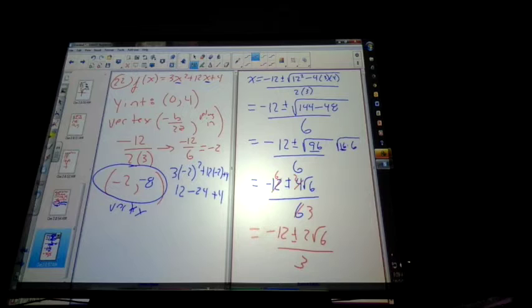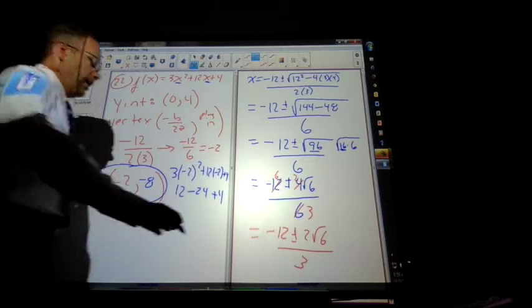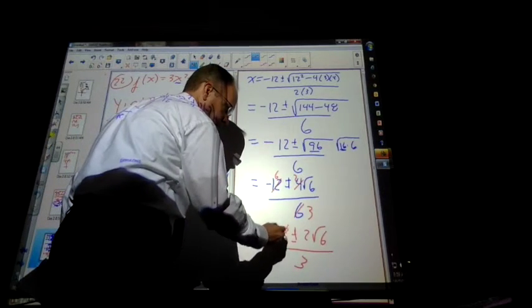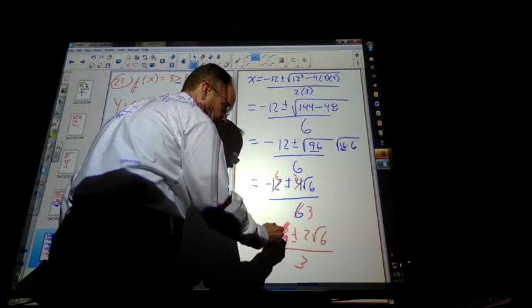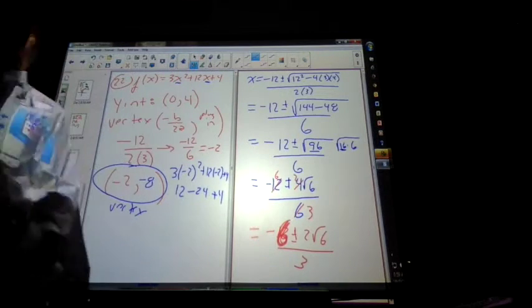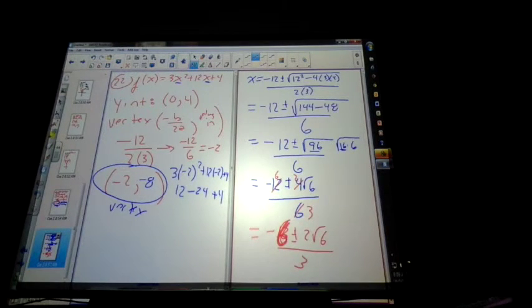Would it be negative 6 plus or minus? Yep, thank you. I reduced it and forgot to bring it down. So negative 6 plus 2 root 6 over 3, and negative 6 minus 2 root 6 over 3 are the two places across the x-axis.